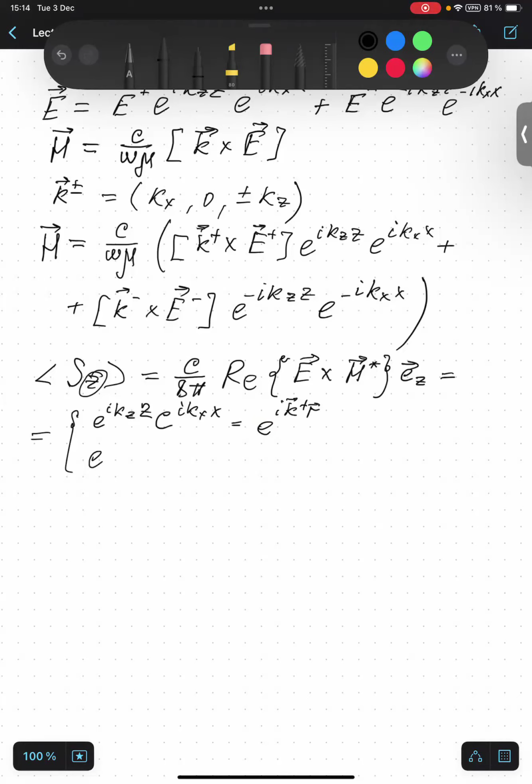The same with minus: e^(-i kz z) e^(i kx x) is equal to e^(i k minus r).